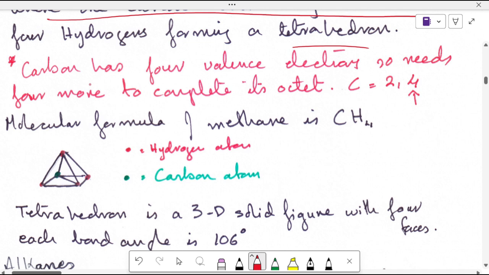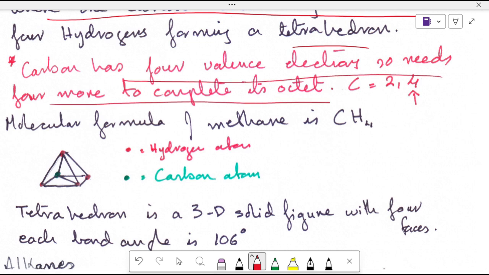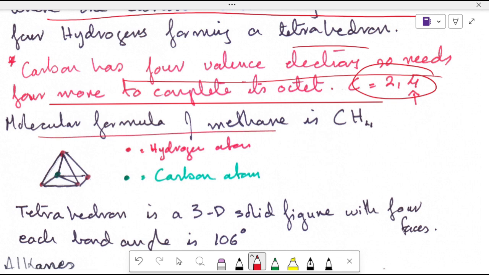Carbon has 4 valence electrons, so it needs 4 more to complete its octet. I have written its configuration. The molecular formula of methane is CH4. I have drawn the tetrahedron.